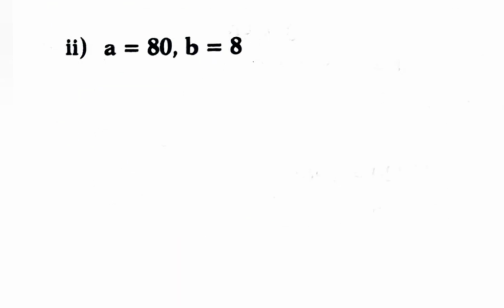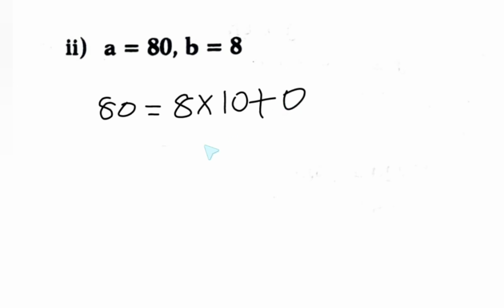Next, a is equal to 80 and b equal to 8. There, 80 is equal to 8 into 10 plus 0.